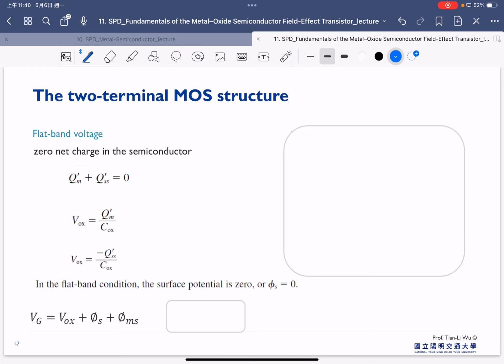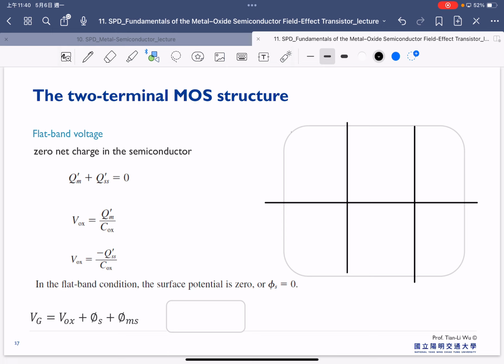So now if we look at the charge distributions, this is the metal, oxide, and P substrate here.